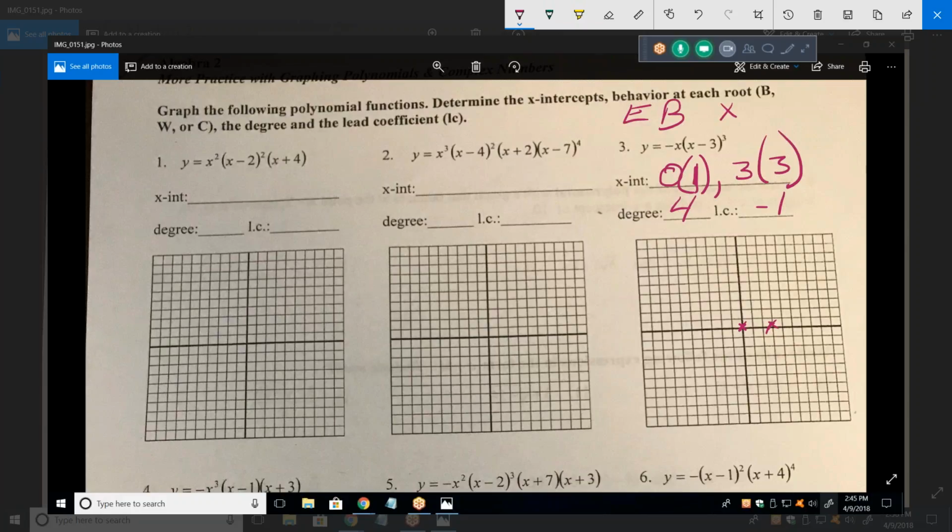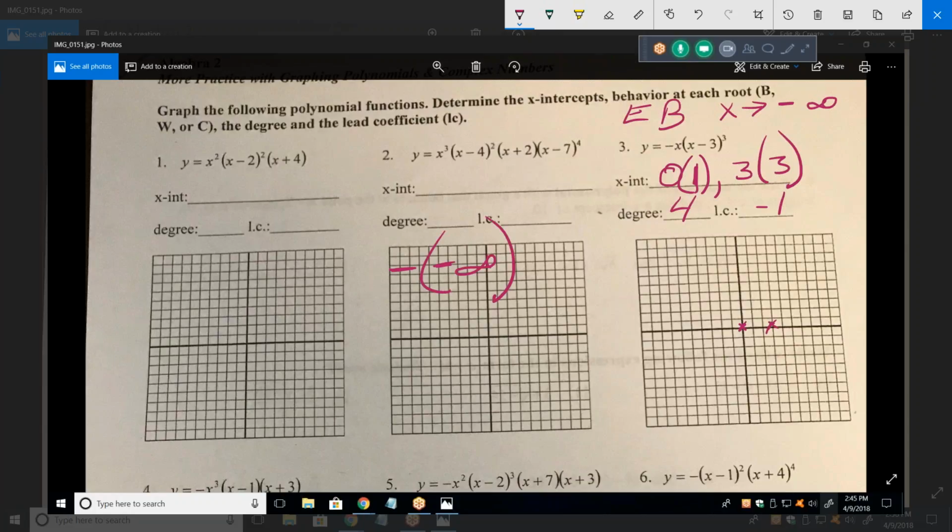Which means as x goes, all we have to do is one side, really. Start from left to right. As x goes to negative infinity, what does y go to? So here's how you figure it out. You got negative infinity, right?